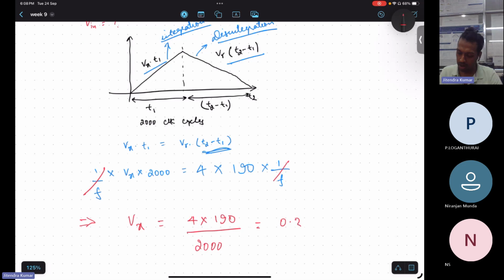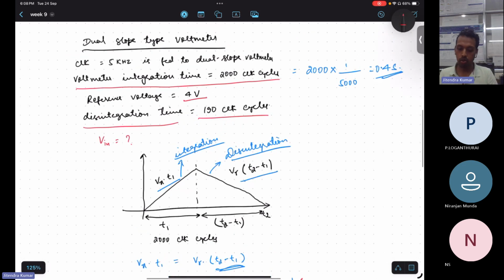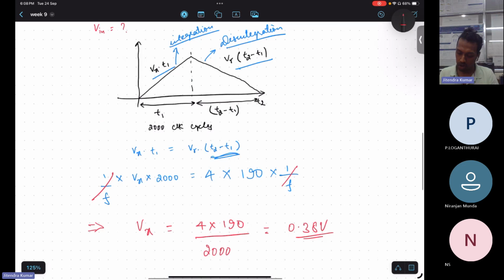So it is 0.38 volt. That much of the unknown input voltage we were measuring, with a reference voltage of 4 volt.